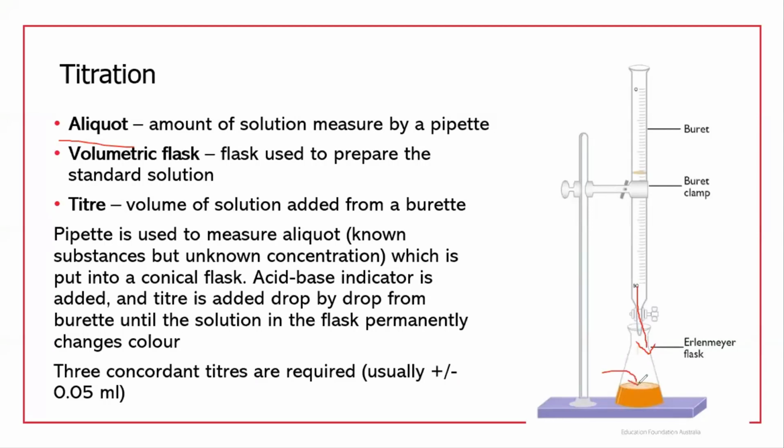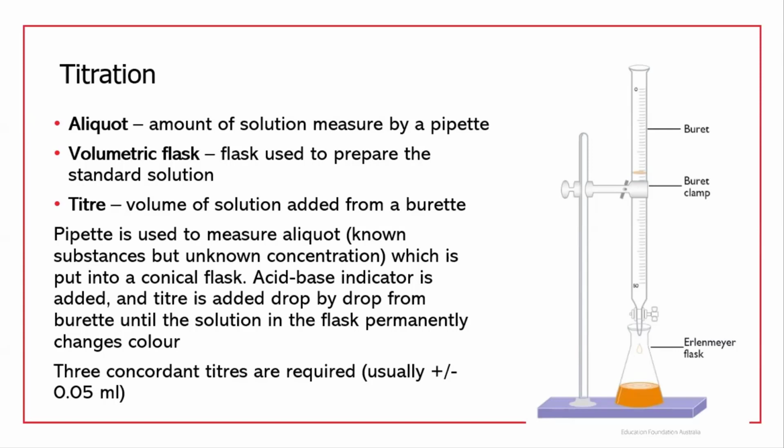A pipette is used to measure an aliquot, which is put into a conical flask. We then put in an acid-base indicator, and a titer is added drop by drop until the solution in the flask permanently changes color.